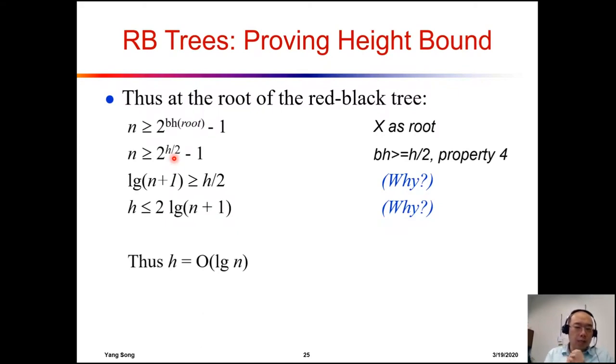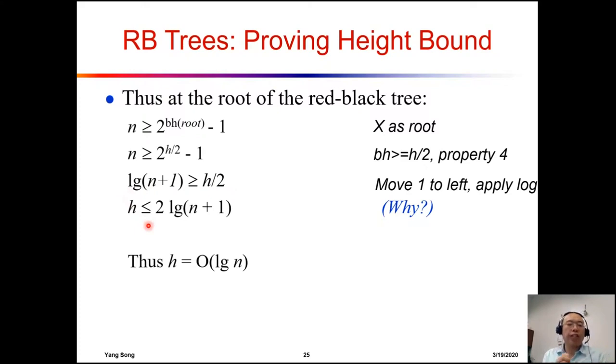Okay, so for the next part, starting from here, I'm moving the negative 1 to the right side, and then I'm applying the log to both sides. So we will have this. Eventually we want to move the divided by 2 to the other side, and then I want to reverse the left side and the right side, and then I will have this one.